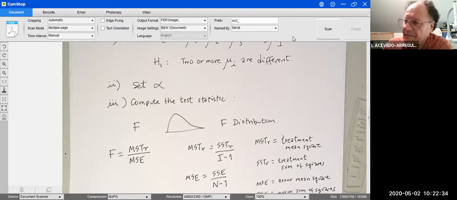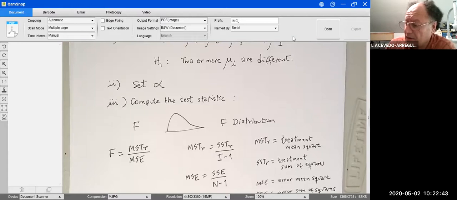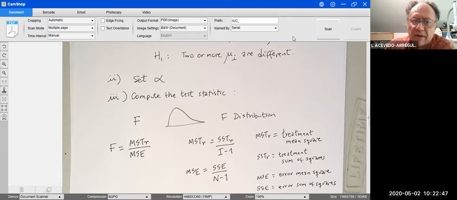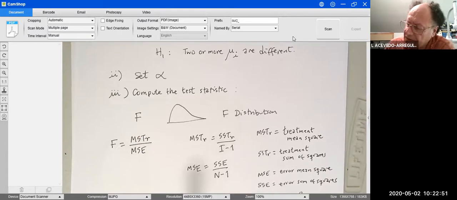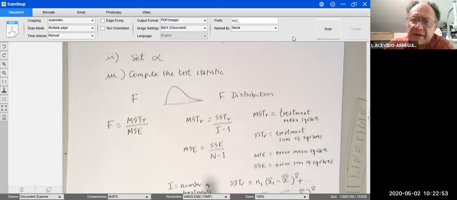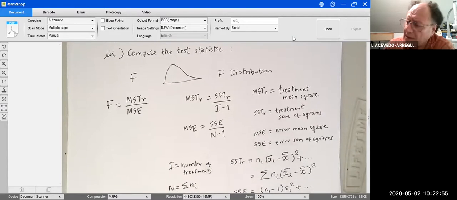Before, we have been computing z-scores or Student t values or chi-square values, and we also used the F distribution in the past. So we're going to compute the F value by just getting the ratio of these two quantities. Now you have here the definition of those two quantities.